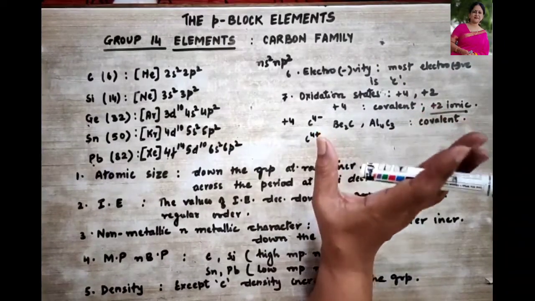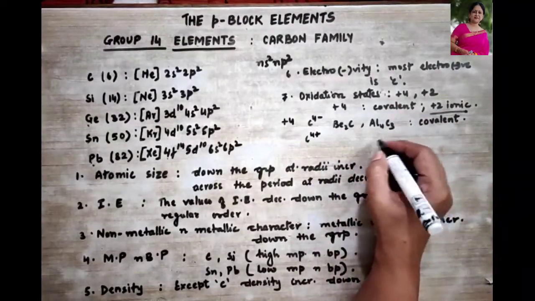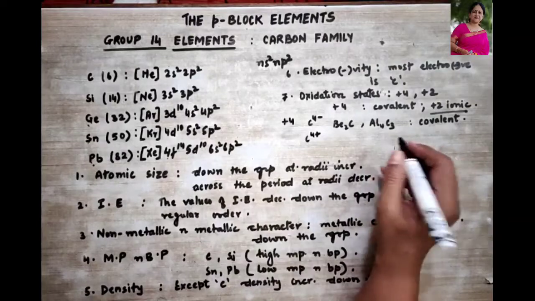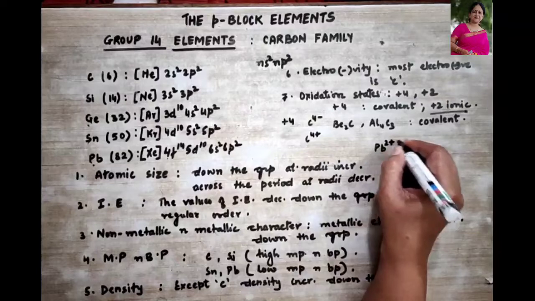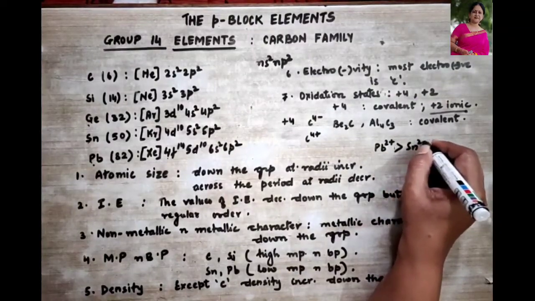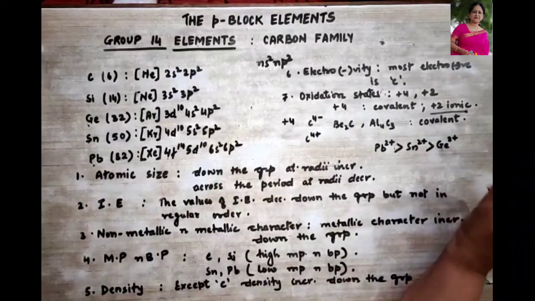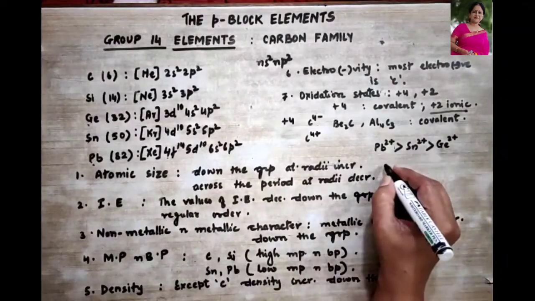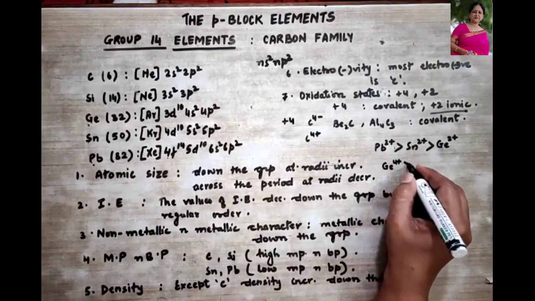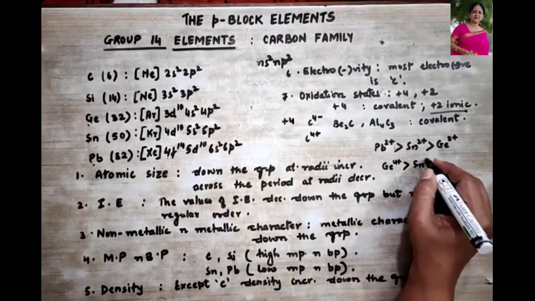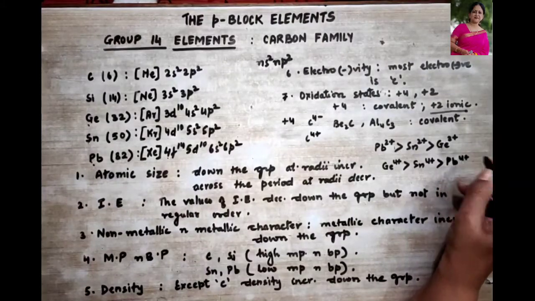The stability of +2 and +4 oxidation states you can understand like this. Firstly I'll show you +2 and then I'll show you +4. So Pb2+ ion is more stable than Sn2+, and least stable will be Ge2+. And let's look at the +4 oxidation state. Over here germanium will be more stable than tin, than lead. Clear?